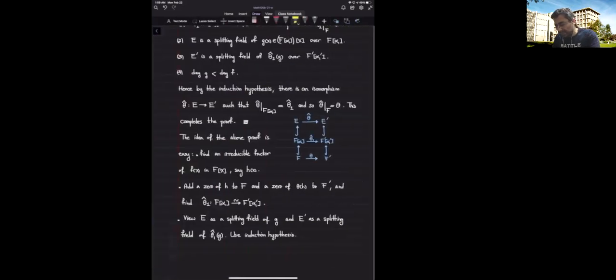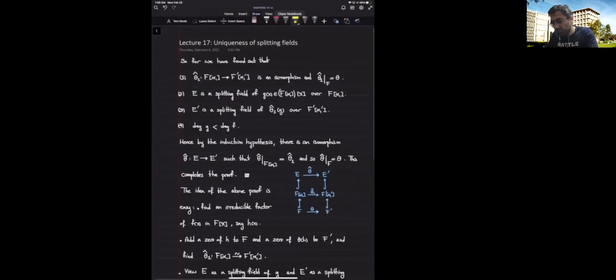Now that we are in this position that E and E prime are both splitting fields of a smaller degree polynomial, we can use the induction hypothesis and obtain a ring isomorphism between these fields, E and E prime.